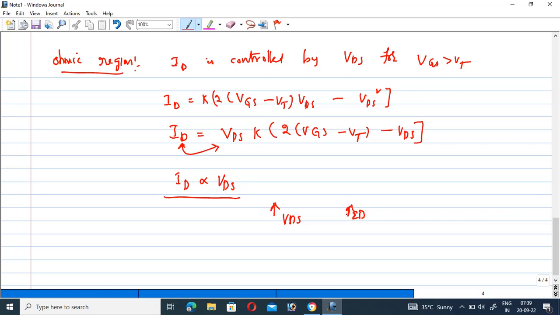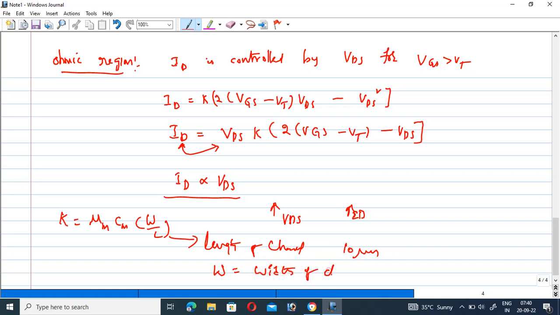This is the relation between the drain current and the supply voltage VDS, where K represents mu n Cox W by L. L is the length of the channel, on the order of around 10 micrometers, and W is the width of the channel, around 100 micrometers.